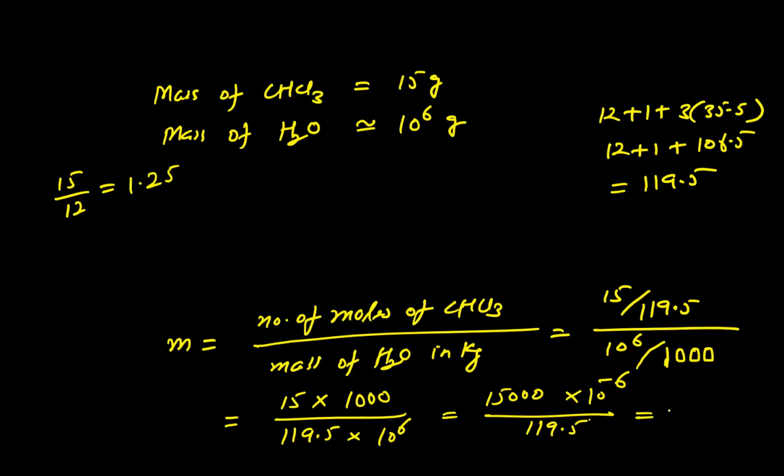So it will be approximately 125 into 10 to the power minus 6, that is 1.25 into 10 to the power minus 4 m.